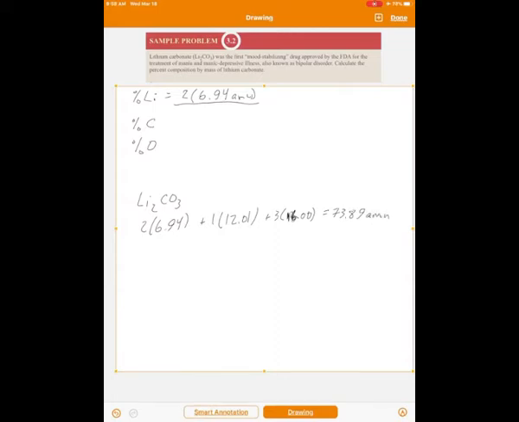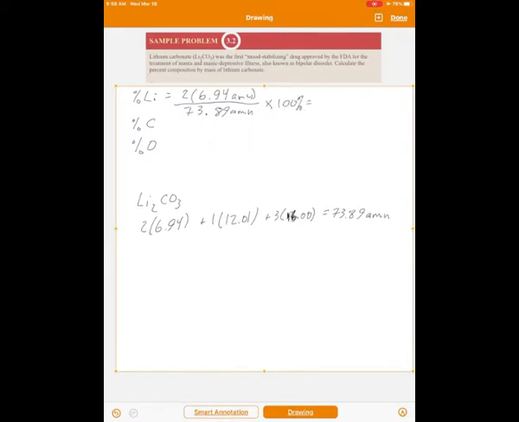All right? So now you divide the lithium by this formula mass. And this would be called the mass fraction of lithium, but we want mass percent. If you recall, if you want to convert a fraction to a percent, you multiply by 100%, right?